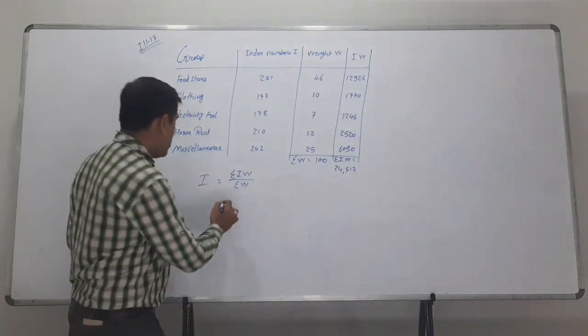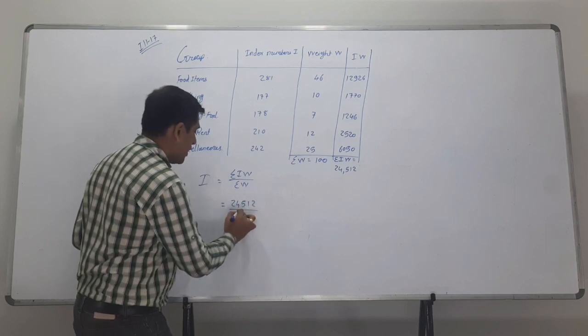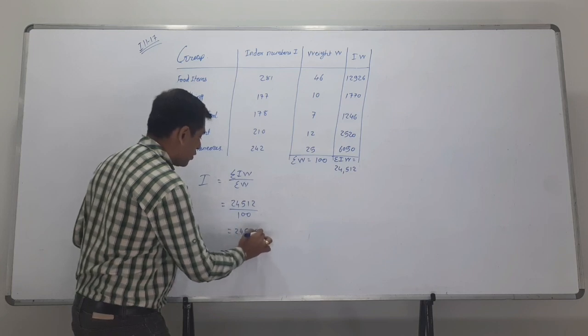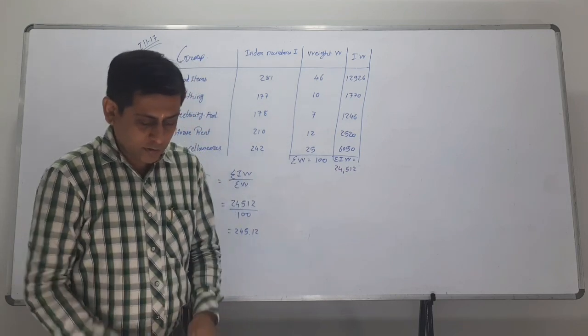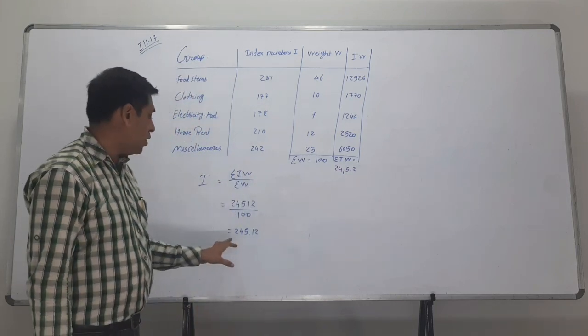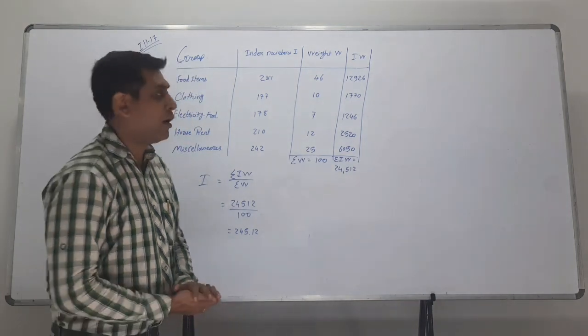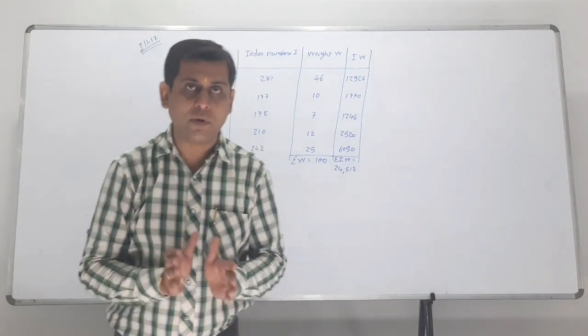Now just find out I, that is index number by family budget method, that is sigma IW upon sigma W. We have to put the value here, 24,512 divided by 100, it is 245.12, right? So here we can say that there is a rise of 145.12% in the total expenditure. We are finding out the cost of living index number here.